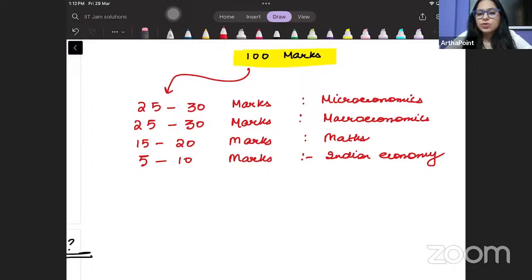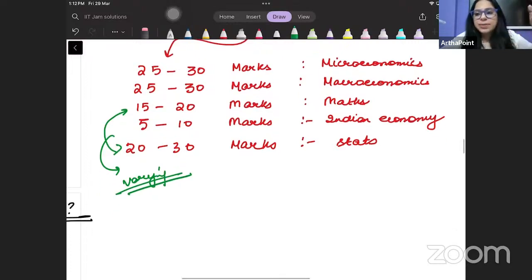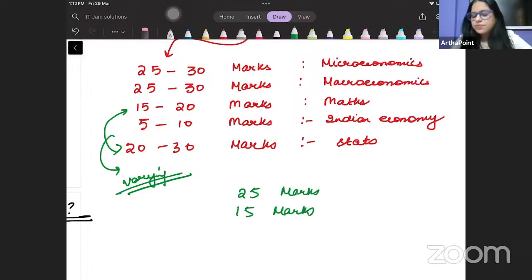And we can go ahead and say that the remaining marks can be dedicated to stats. Between stats and maths, this keeps varying from year to year. जैसे if you look into the paper of 2021-22, तो maths was for 25 marks and stats was for just 15 marks.